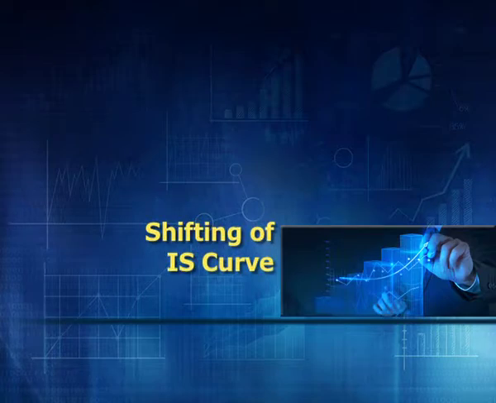So, after understanding why IS curve is downward sloping, now let us understand the shifting of IS curve. Understand that it is the level of autonomous expenditure which determines the position of the IS curve, and changes in the autonomous expenditure cause a shift in it.